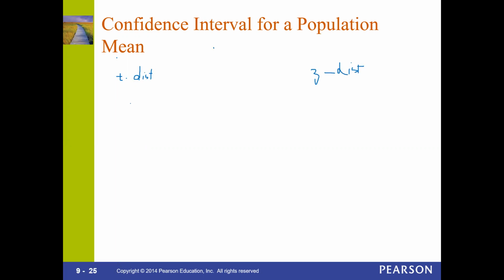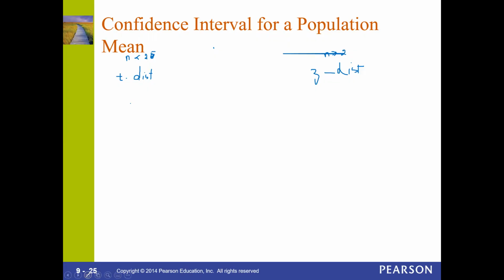This is when N is small, N less than 25, and this is when N is big, N greater than or equal to 25.